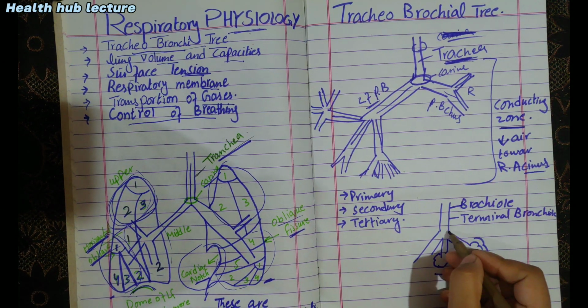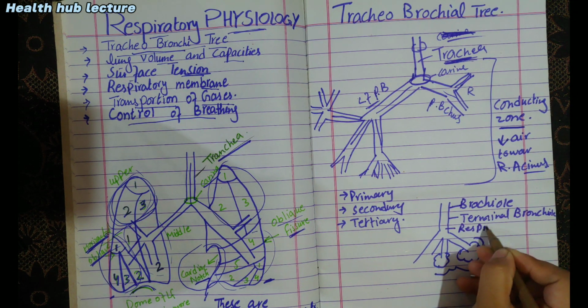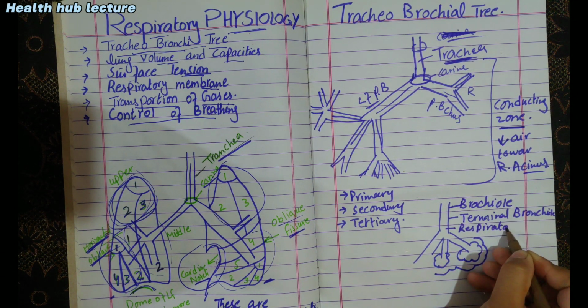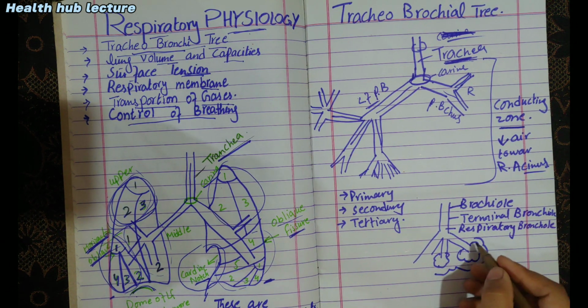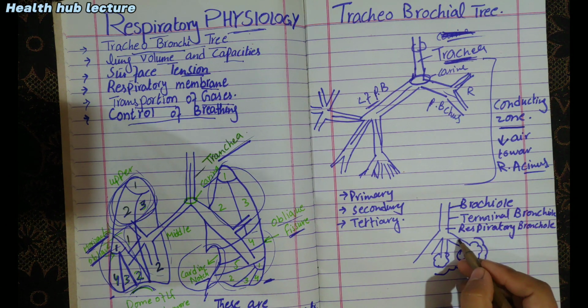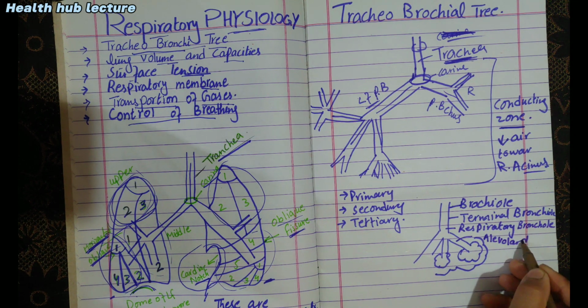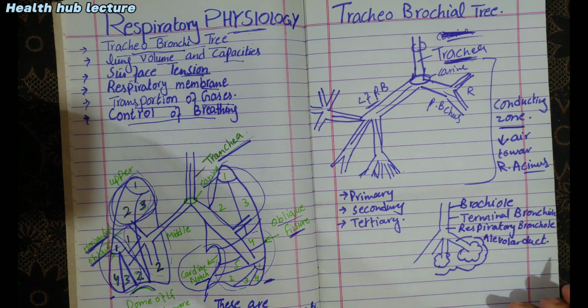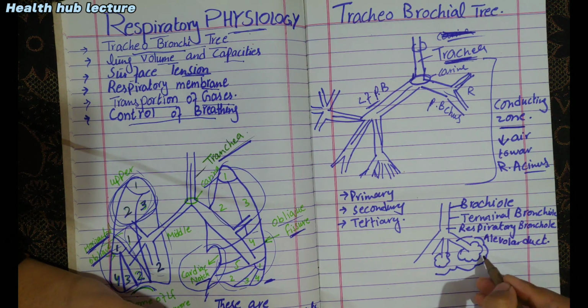And then the respiratory bronchiole. And then the alveolar ducts. These are the alveolar ducts. Okay, alveolar ducts, because these are joined with the alveoli, so that's why we call it the alveolar ducts.